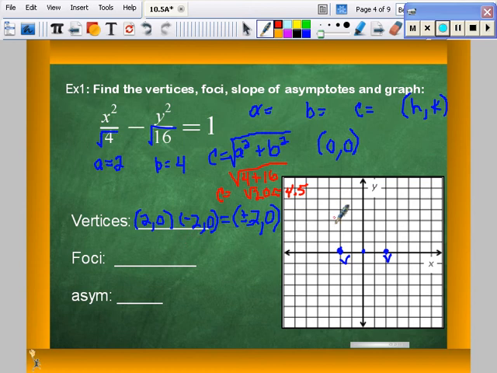So what do we do with that 4.5? Well, we'll start with the HK location 0, 0, and we're going to count 4.5 spaces to the right, and we're going to plot that foci right there. I'm going to mark it with an F so you're clear that that's the foci. And I'm going to go over to the left, 1, 2, 3, 4.5. Mark that with an F, and that's my foci.